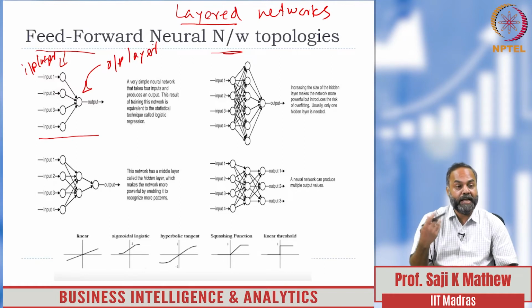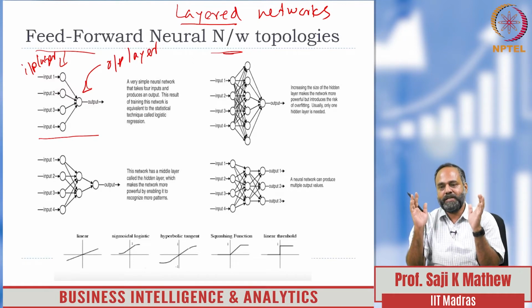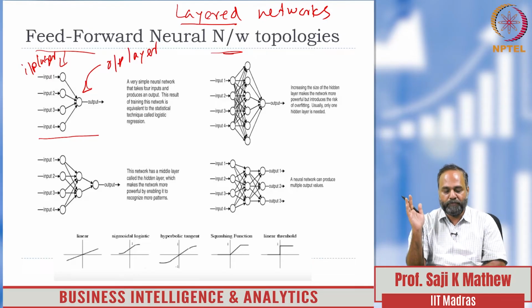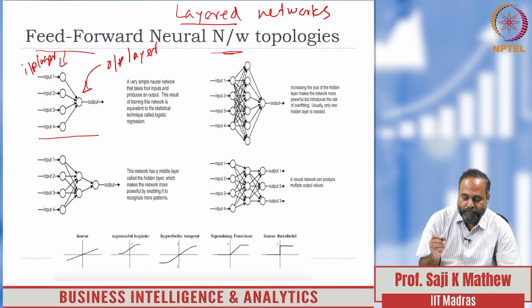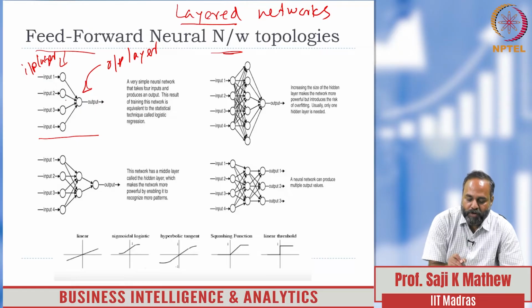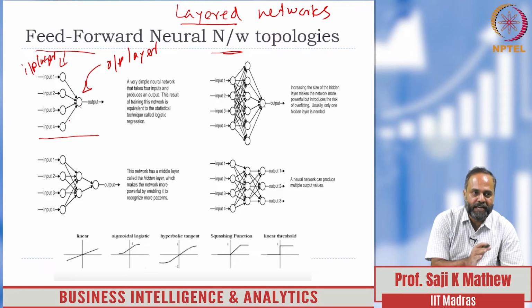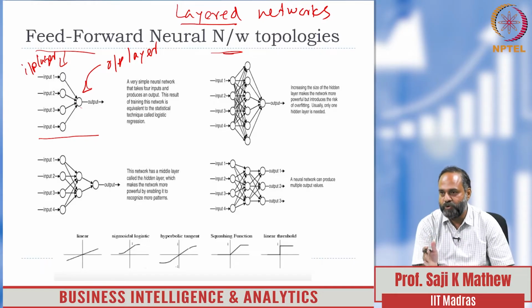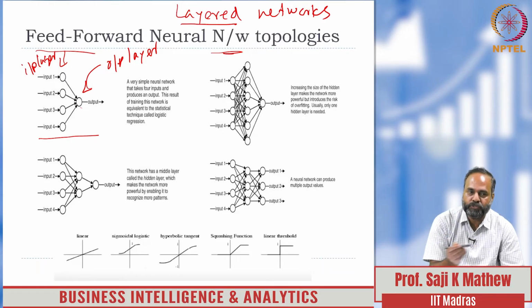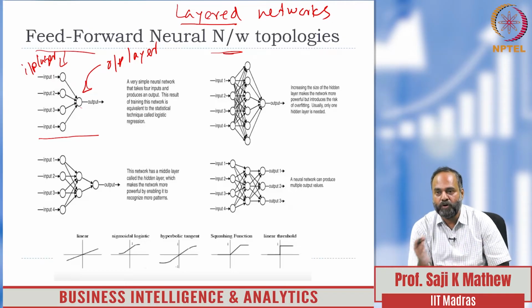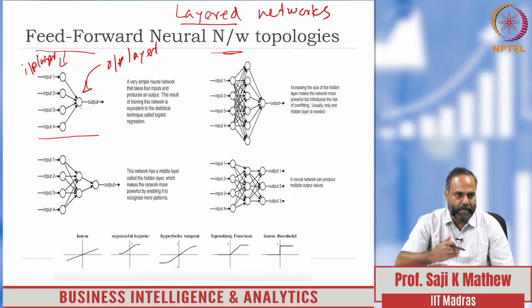So for any neural network there should be two layers, input layer and output layer. And it becomes a network because they are connected. The neurons from the previous layer are connected to the neurons in the next layer. You can see that. Therefore, it becomes a network of neurons with multiple layers.